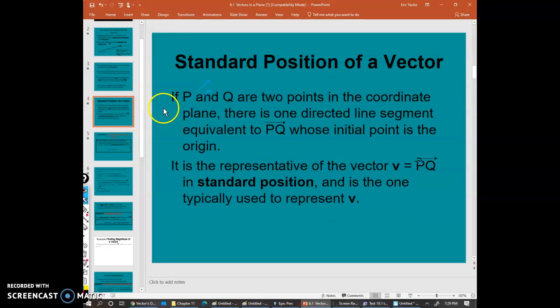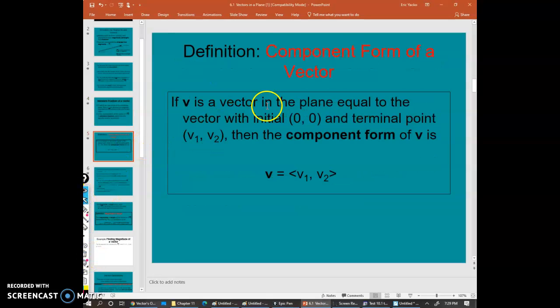All right, standard position of a vector is just when you put it at the origin, so put it at 0, 0, okay? So next thing we're going to look at is component form of a vector.